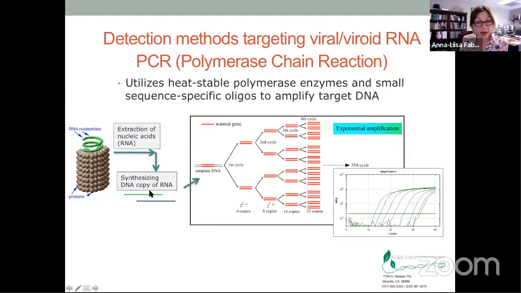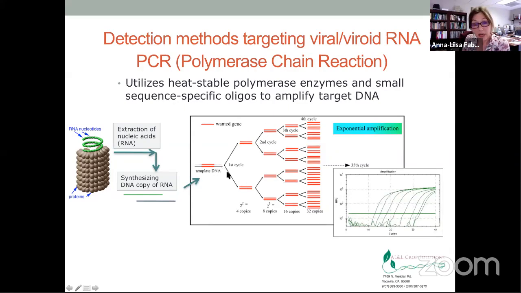And after that is synthesized, we will start PCR. We use thermostable polymerase enzymes and small sequence-specific oligos. They bind to the target virus if it's present. The machine heats and cools, heats and cools, with several cycles, 35 to 40 cycles.